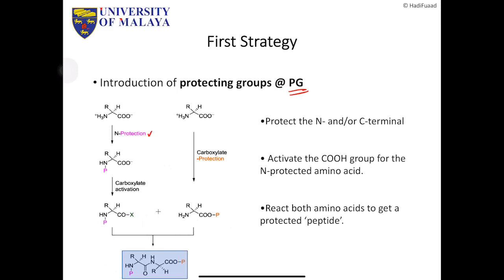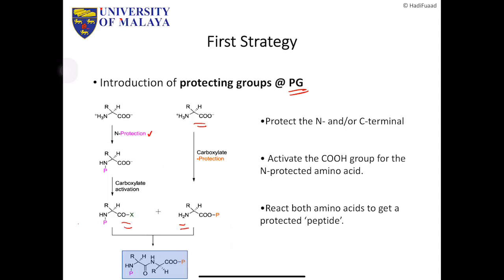You can see it's painted in purple, and have the carboxylic functional group free. Okay, and you can activate the carboxyl group, and then you can react it with another amino acid that is protected at the C terminal, at the carboxyl terminal. So if you do it like this, you can only get one reaction going.